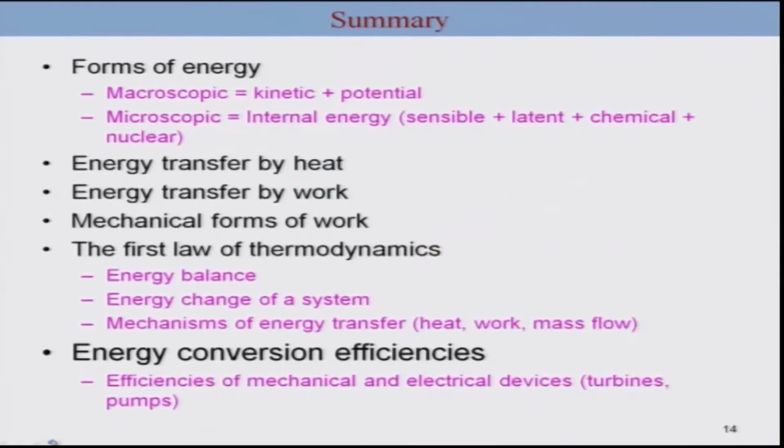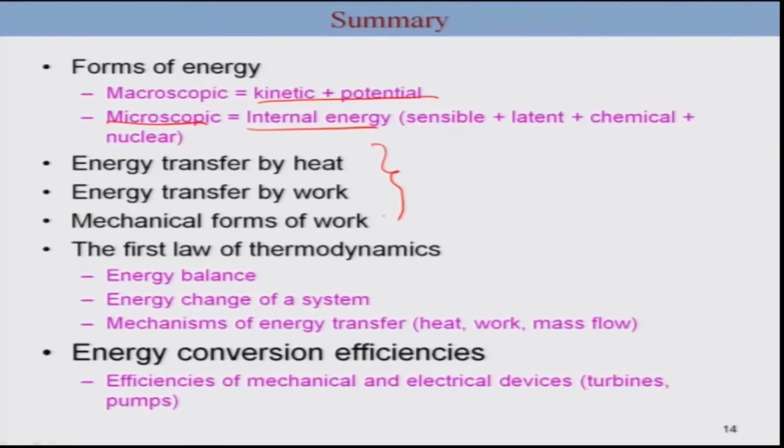Okay, so let me summarize what we have gone through in this module. We defined energy, and defined the macroscopic and microscopic energies. We also defined that energy can be transferred by heat, mass and work.